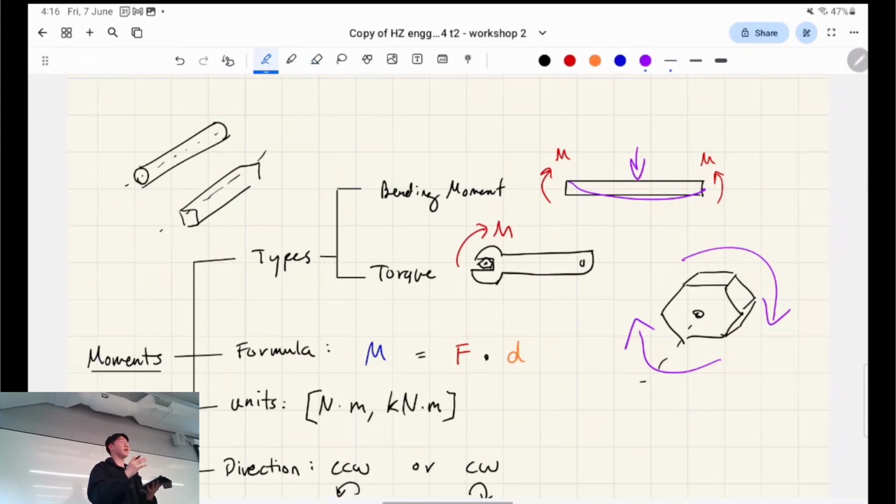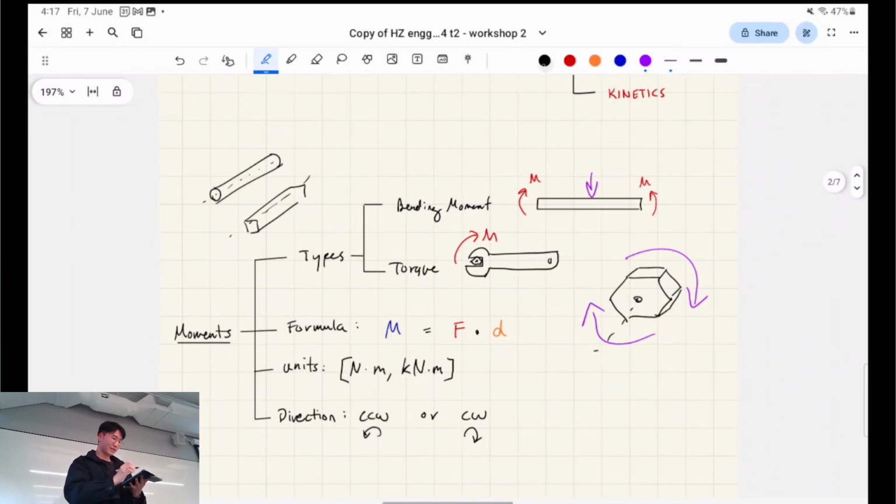Shear forces act perpendicular to this axis, and so that force will produce some sort of moment. I don't want to overcook the explanation of that just yet. We're going to get into what bending moment diagrams look like next week, I think, or the week after.